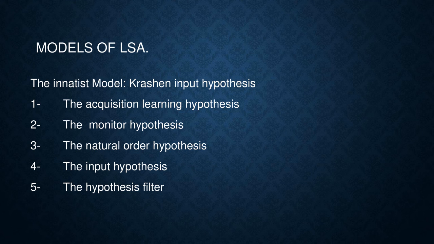The fourth hypothesis, the input hypothesis. According to Krashen, comprehensible input is the only true cause of second language acquisition. The input hypothesis claims that an important condition for language acquisition occurs if the learner understands, via listening or reading, input language that contains a structure a bit beyond his or her current level of competence.